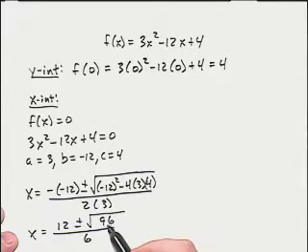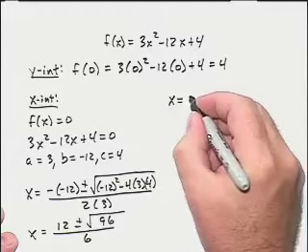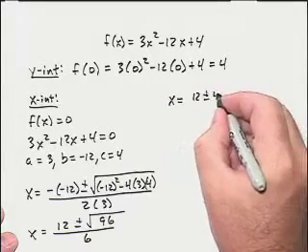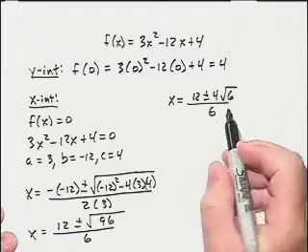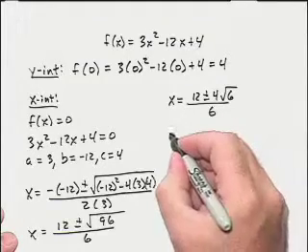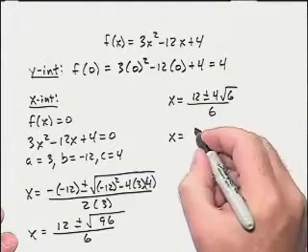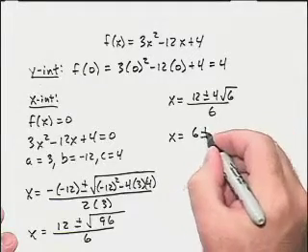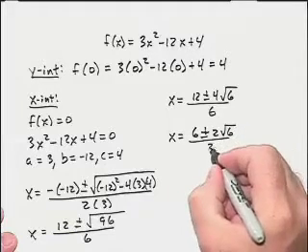We can simplify this radical a little bit. End up with x is equal to 12 plus or minus 4 root 6, all divided by 6. If we cancel out a common factor of 2 in the numerator and denominator, we'll have x is equal to 6 plus or minus 2 times the square root of 6, all divided by 3.